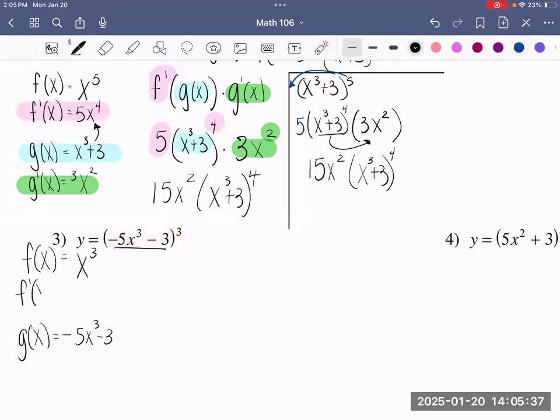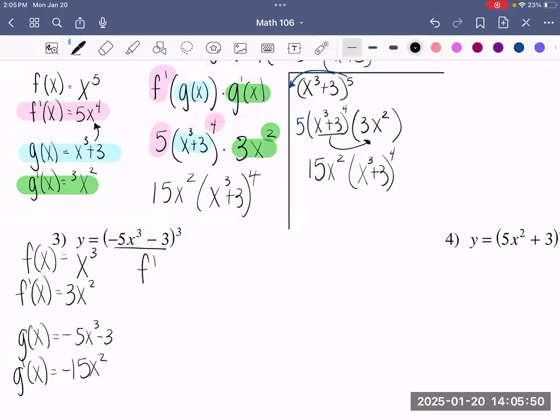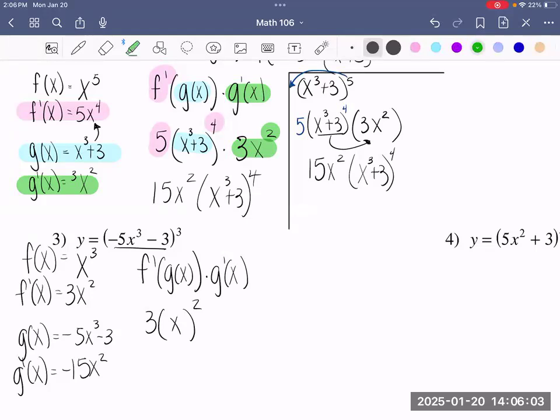So let's go ahead and derive. And one more derive. Now let's bring it all together. We need this portion: f prime of g of x times g prime of x. So let's take your f prime, 3x squared. That was this in pink right here, and that would be right here.